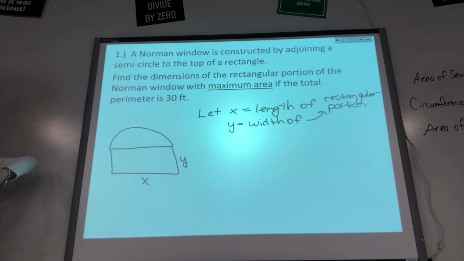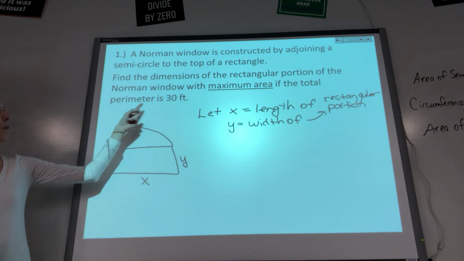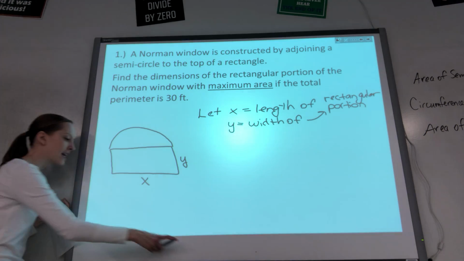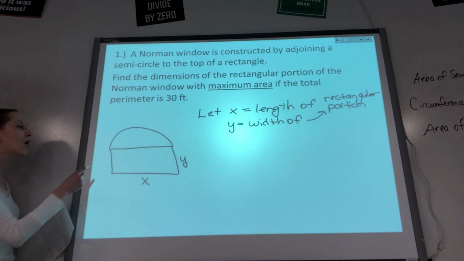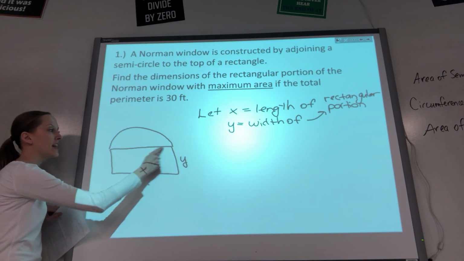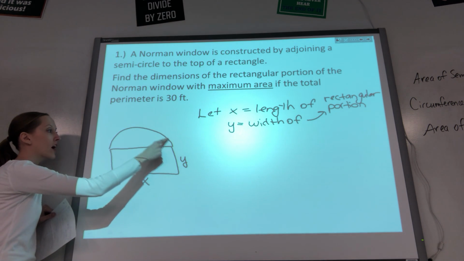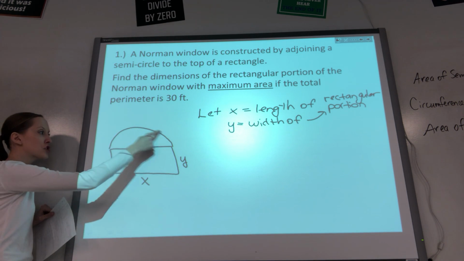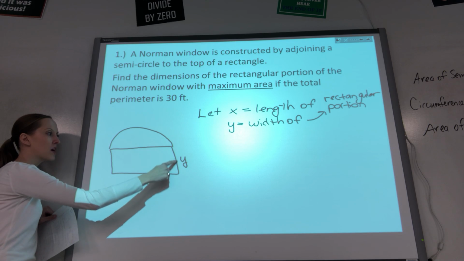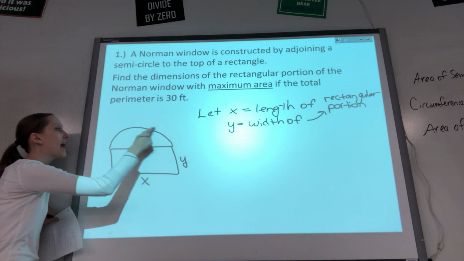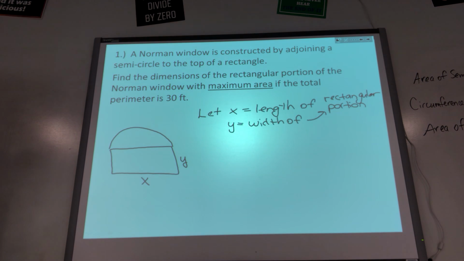Now, when it says that the total perimeter is 30 feet, let me explain that real quick. It's not talking about the perimeter of the rectangle. It's talking about the perimeter of this entire shape, so the distance around that part of the rectangle along with that part of the semicircle.